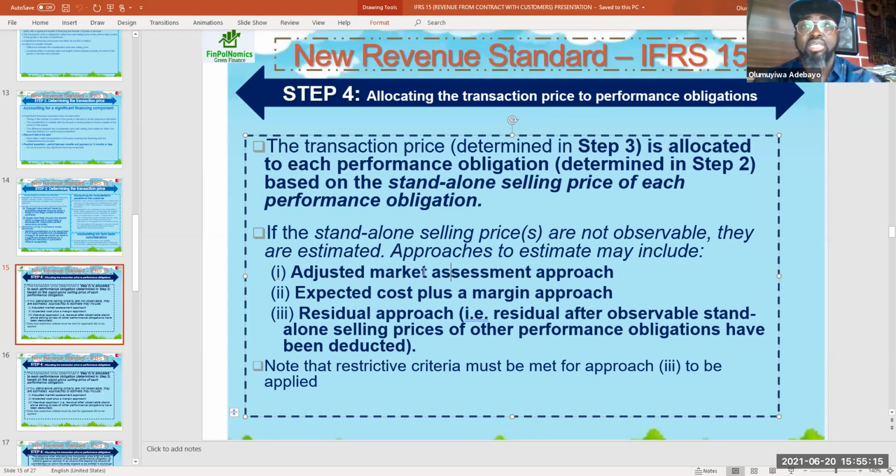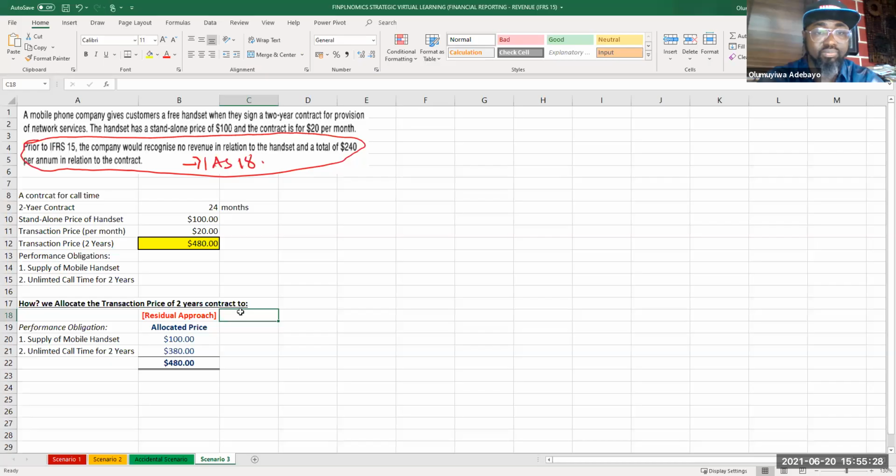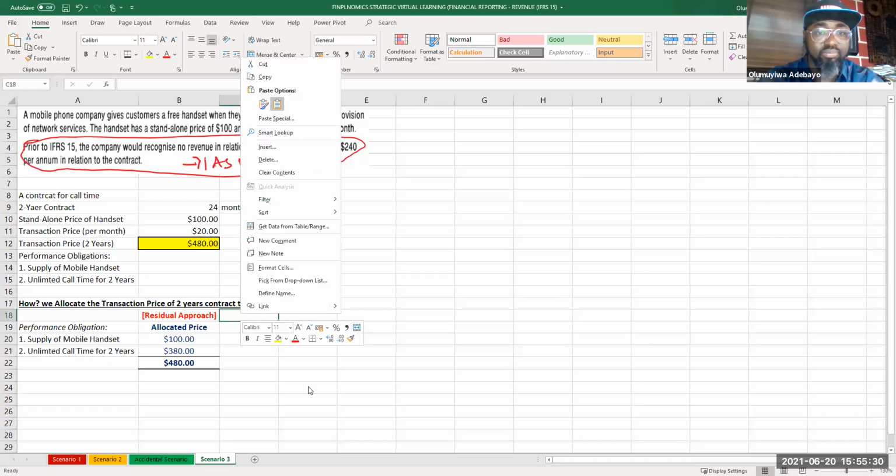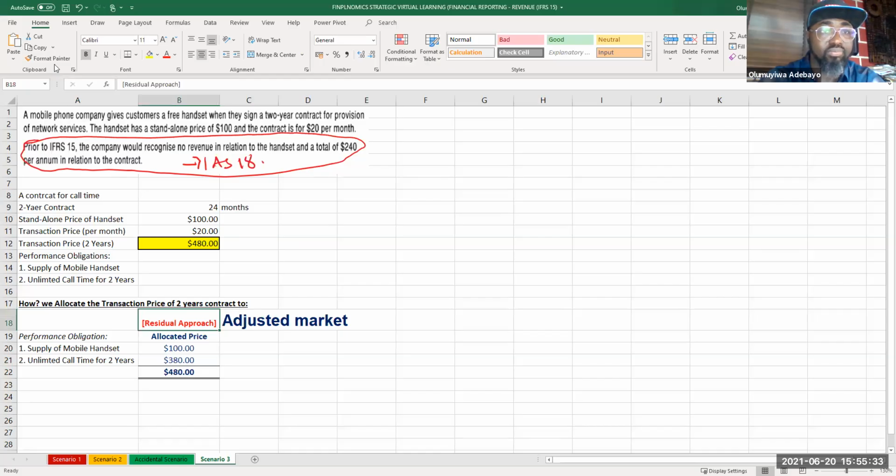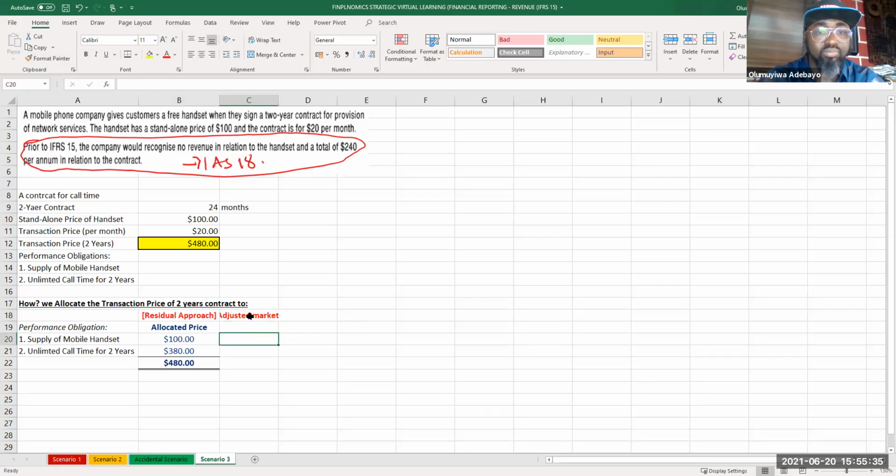Now, let me use the adjusted market approach. What is that approach talking about?